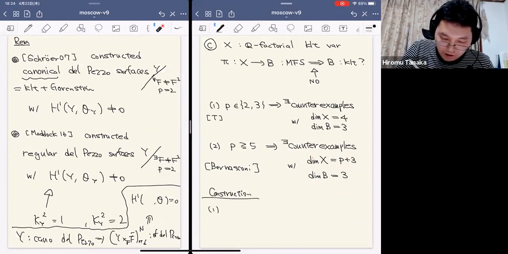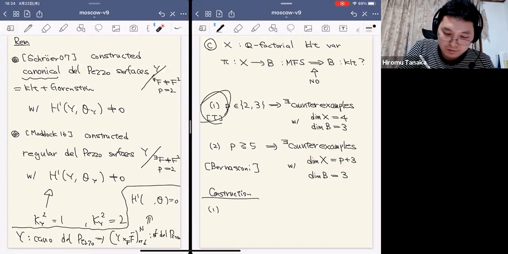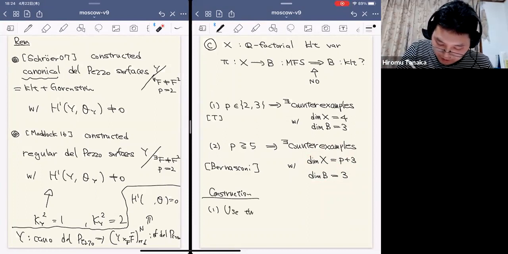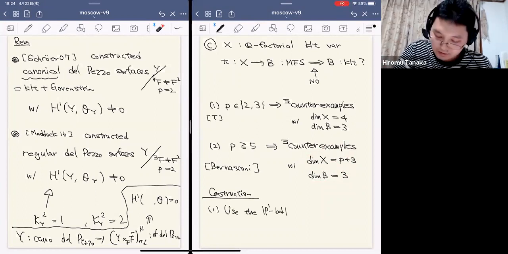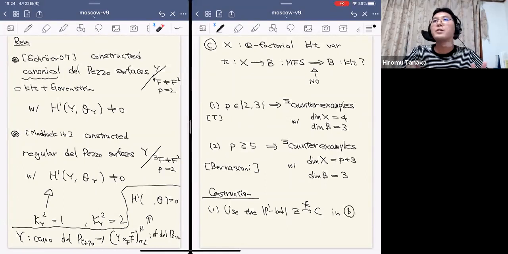In my construction, we use the P1 bundle. I have explained this in question B, and I need to modify some things, but I think they are minor parts.